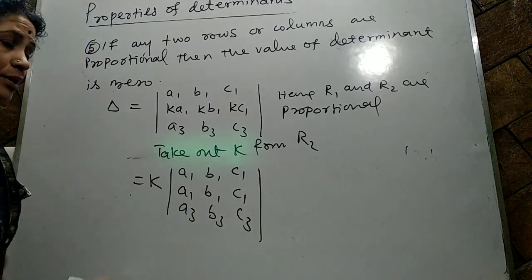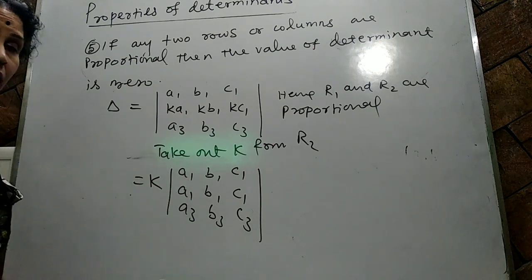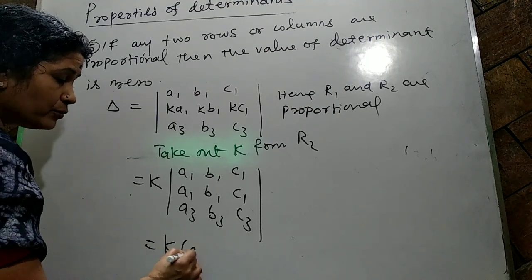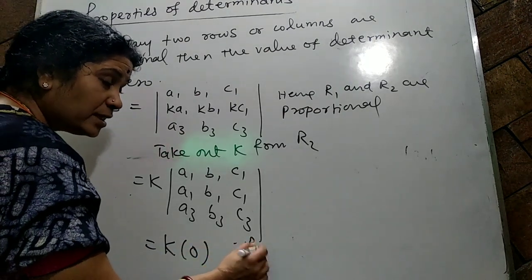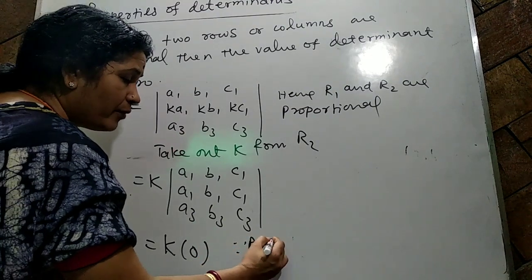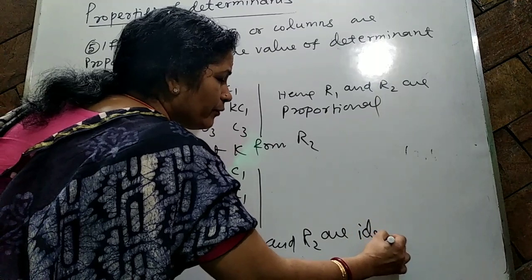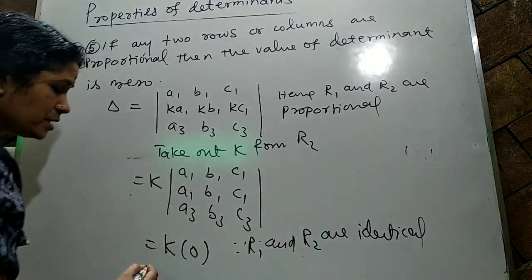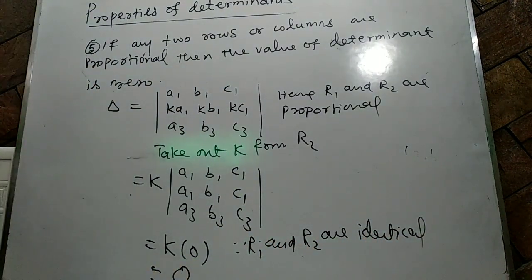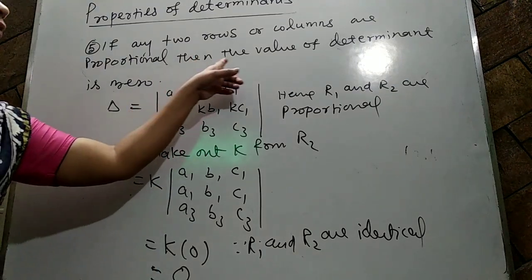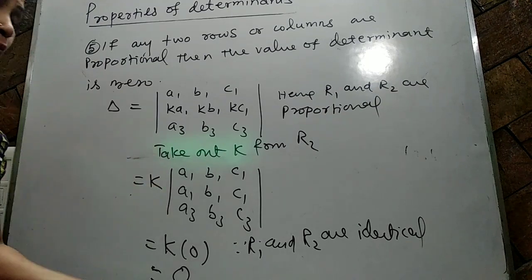Just now we have seen the property that if any two rows or columns are identical, then the value of determinant is 0. Now that is equal to k into 0. Since R1 and R2 are identical, k into 0, we will get 0. So the property is saying, if any two rows or columns are proportional, meaning the ratio is the same, then the value of determinant is 0. That's what I have proved.